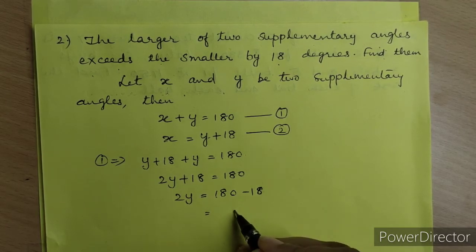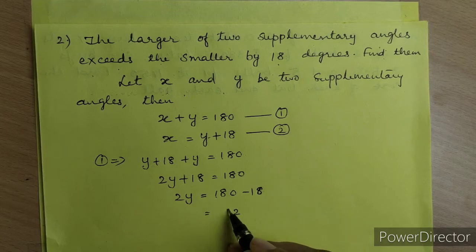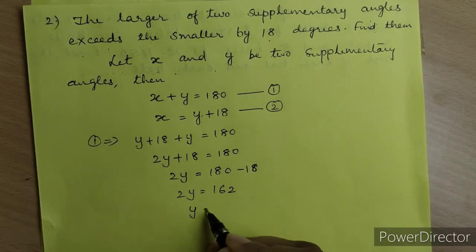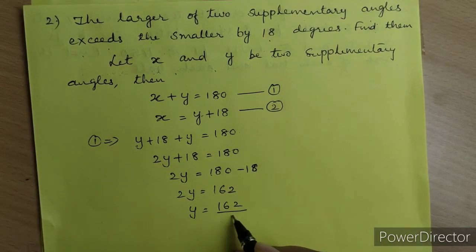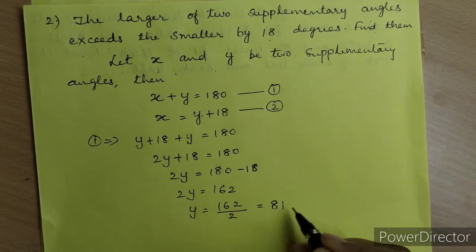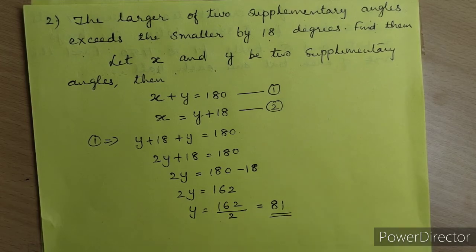It is 162. So 2y is equal to 162, or y is equal to 162 divided by 2; here multiplication will come as division, equals 81. So y is equal to 81.